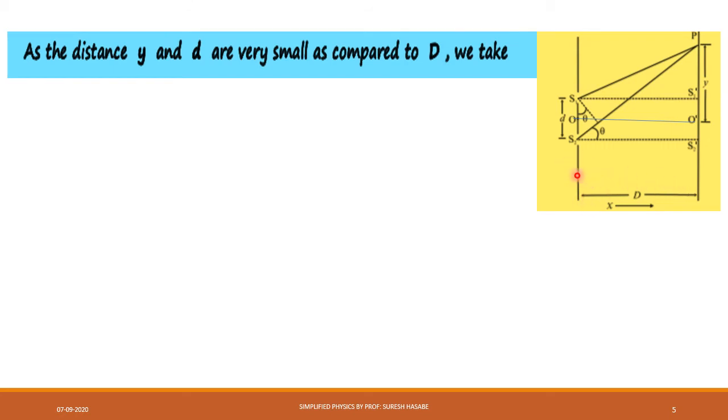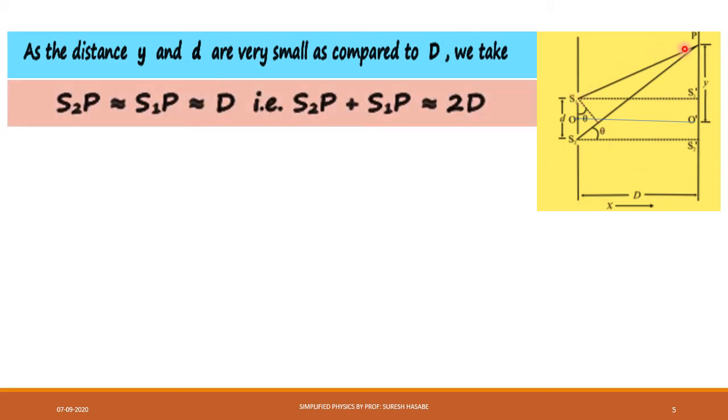That you have to remember, and that's why we take S1P and S2P approximately equal to each other, equal to capital D. That's why S2P plus S1P is equal to 2D.